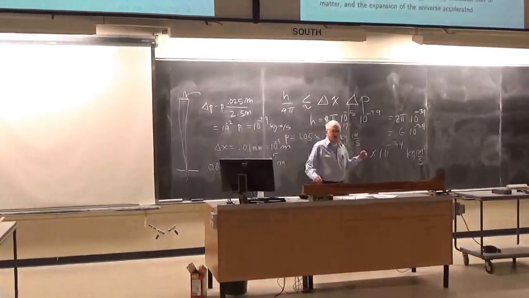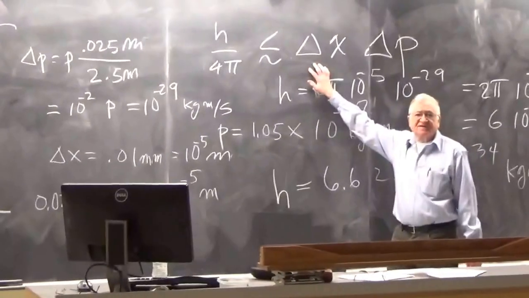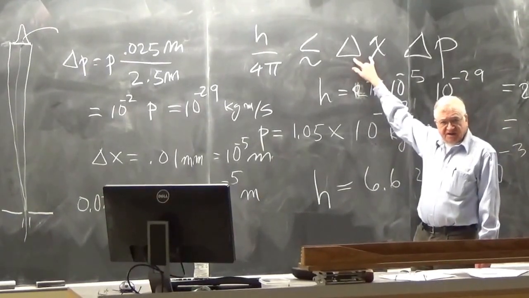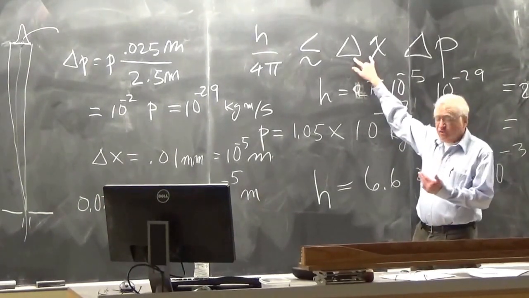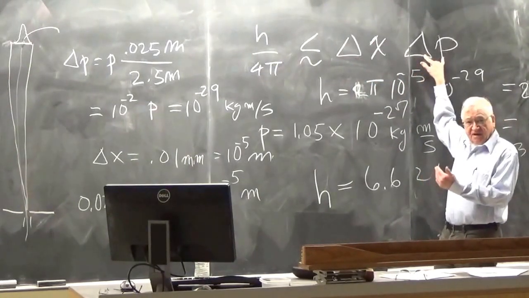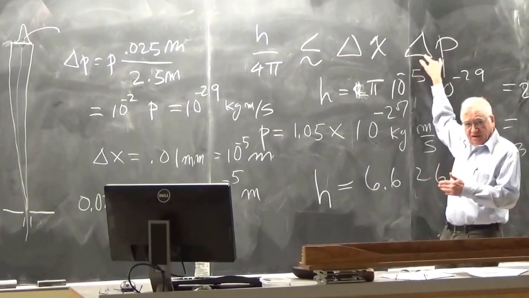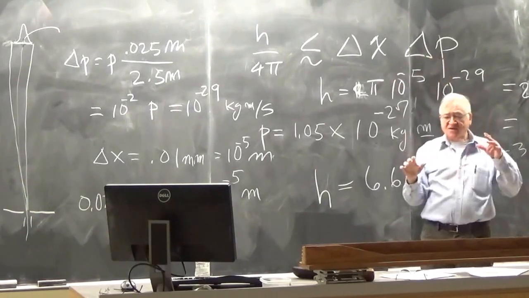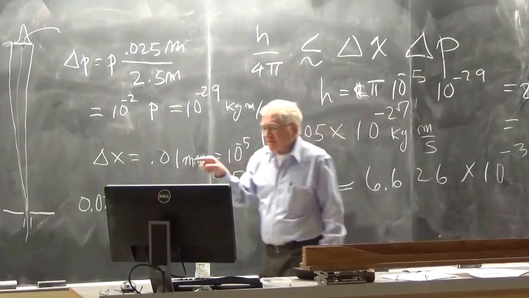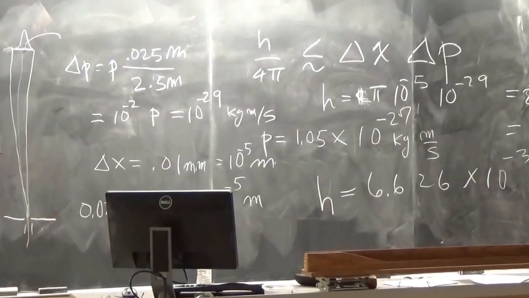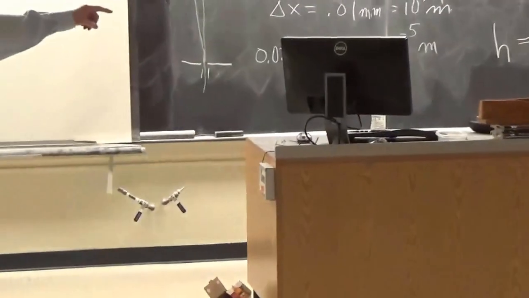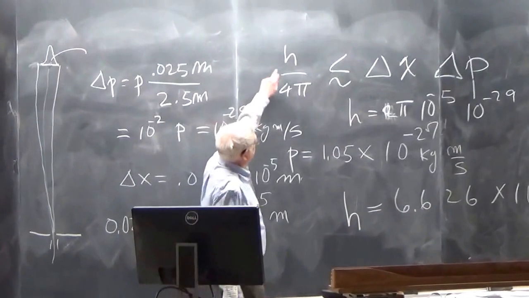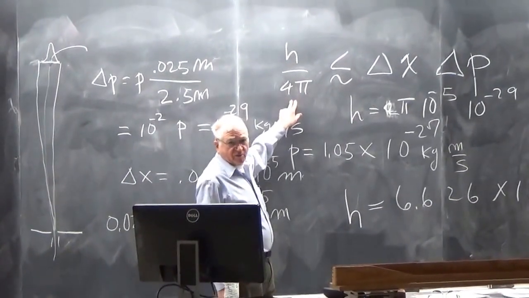This is what the Heisenberg uncertainty principle says: if you're going to measure something, then the uncertainty in the position measurement times the uncertainty in the momentum measurement of the same thing at the same time, and these are both vector quantities, so we're talking about momentum along this axis here, the product of those two has to be greater than Planck's constant divided by 4 pi.